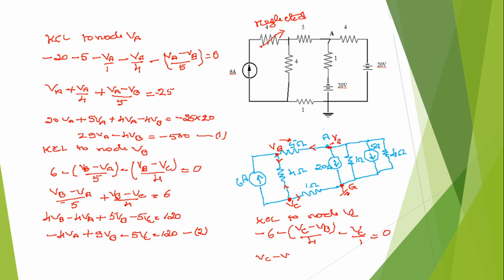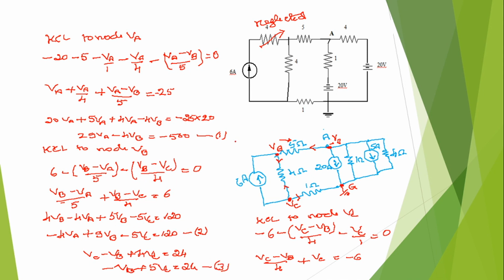(VC minus VB) by 4 plus VC equal to minus 6. Taking the LCM, VC minus VB plus 4VC equal to 24. So that is minus VB plus 5VC equal to 24. This is equation 3.